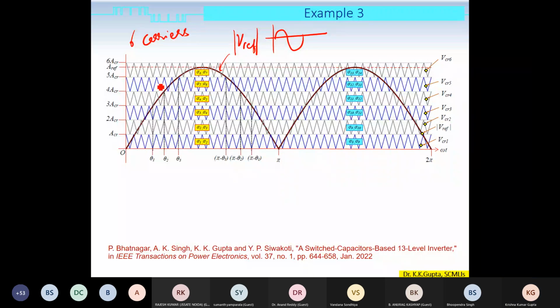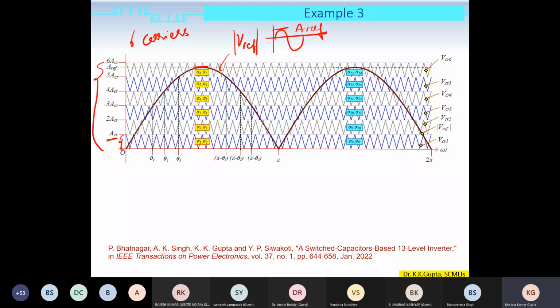Now for each carrier signal, if this amplitude is ACR, the amplitude of the carrier, then if we place each carrier on top of the previous one, this goes up to 6 ACR. And the peak value of the reference, if it is AREF, then what I have shown here is that AREF is less than 6 ACR.